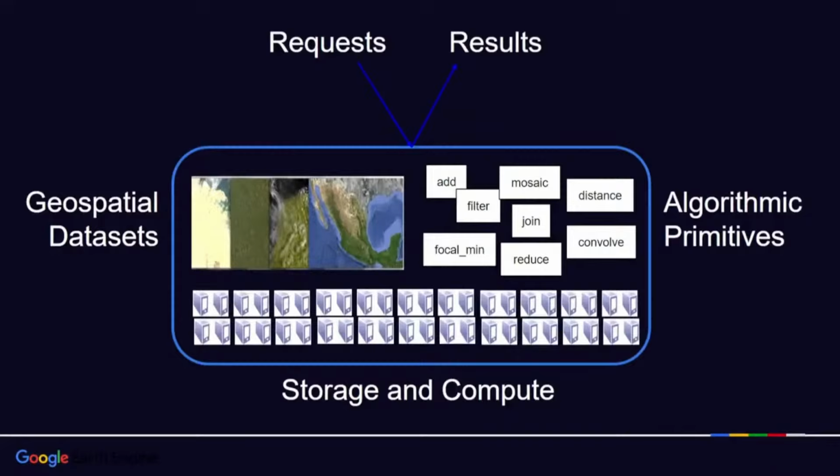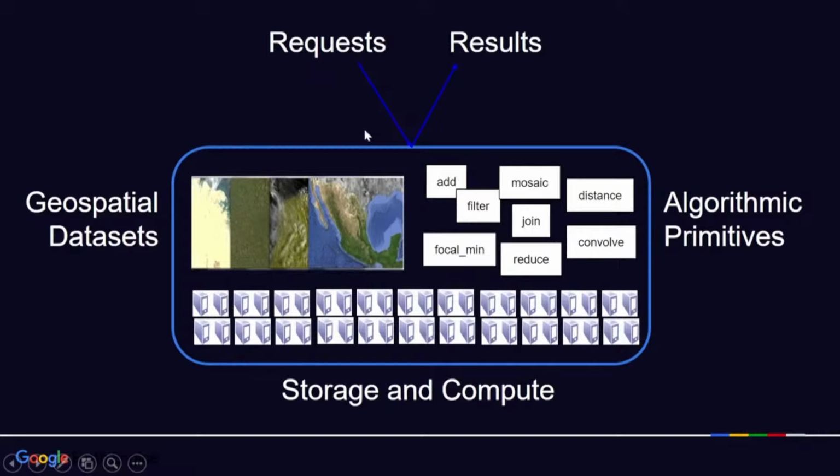This is the basic request response. It's just working on a client server architecture. The user, working in a web browser and using some basic APIs, requests the data from Google Earth Engine, and can then apply some algorithms. All these geospatial data sets reside on the Google Cloud platform, and through some basic algorithmic primitives, the data can be searched.